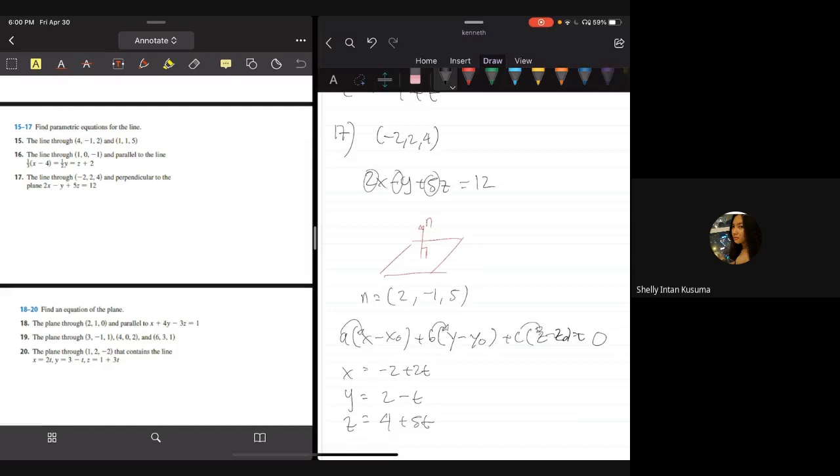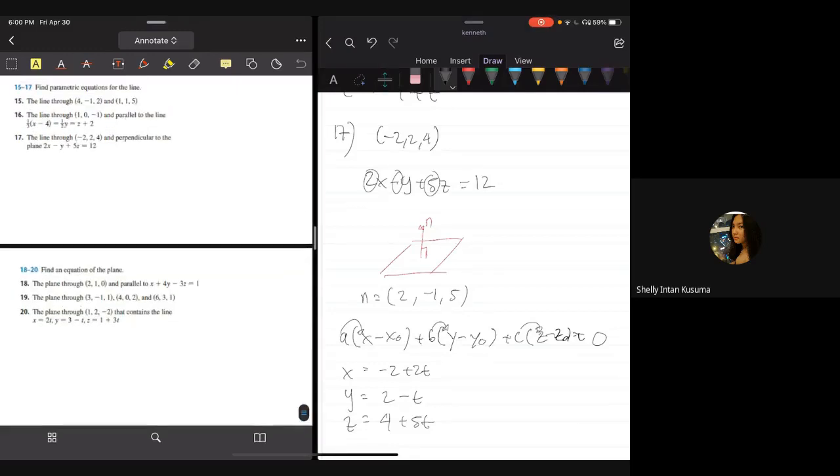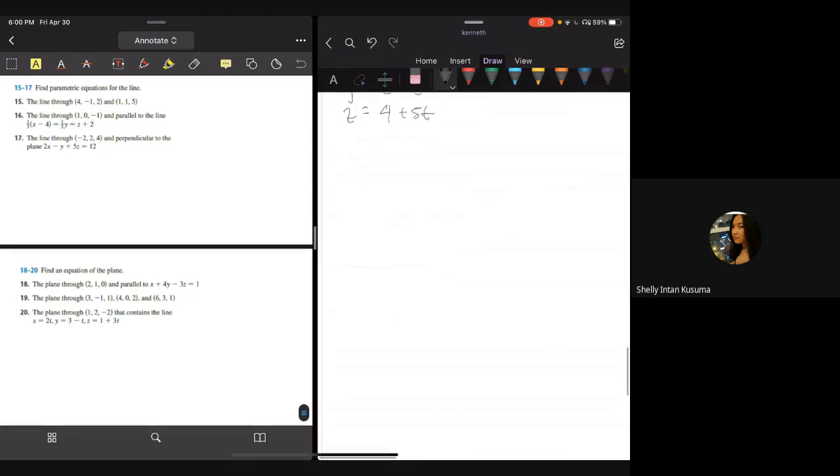So let's move on to number 18 to 20 from the equation of it.